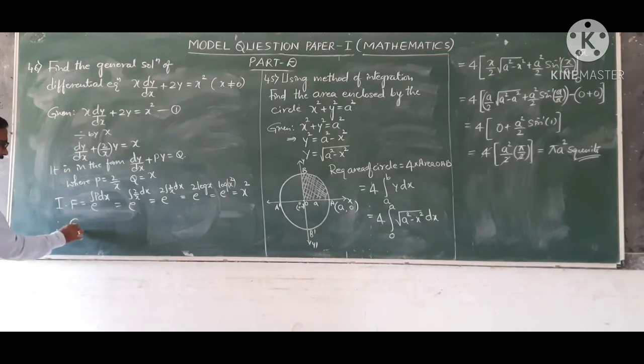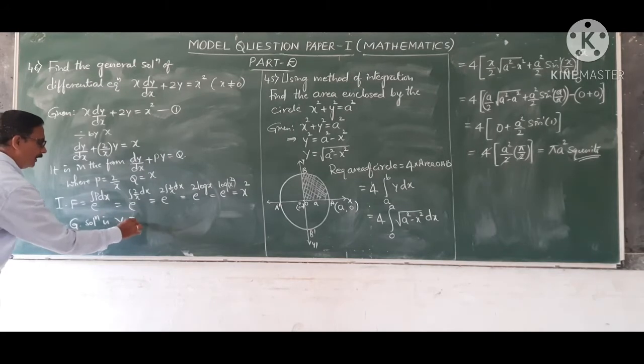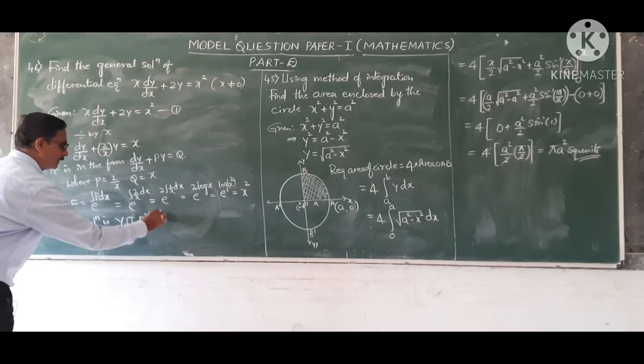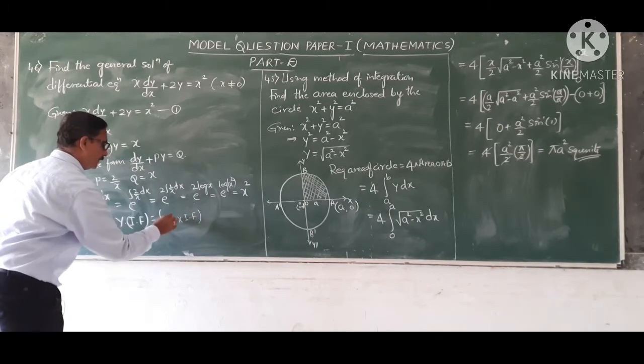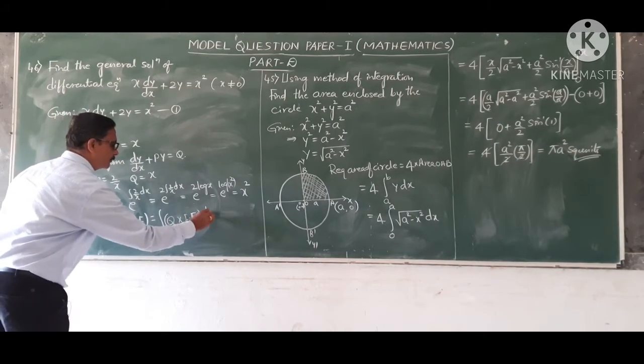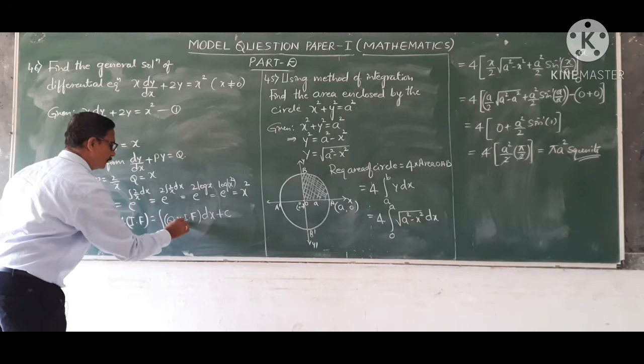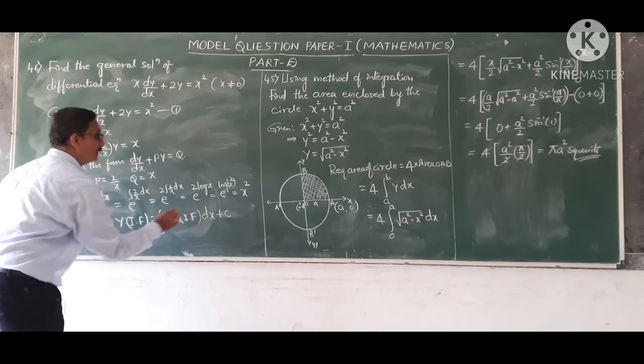Therefore to find the general solution, what is the formula? Y into integrating factor is equal to integral of q into integrating factor with respect to x plus constant of integration c.